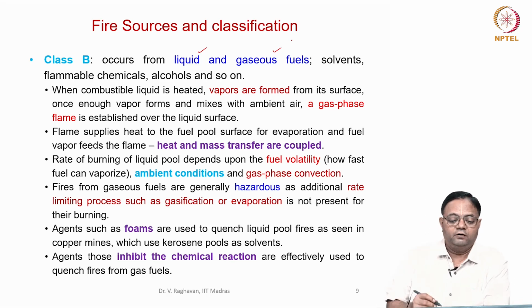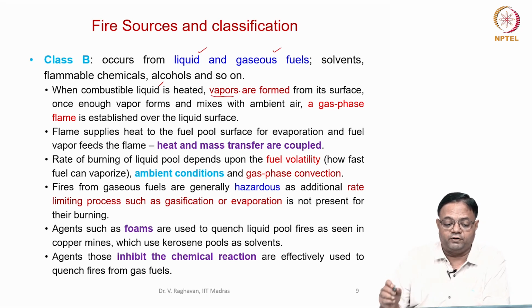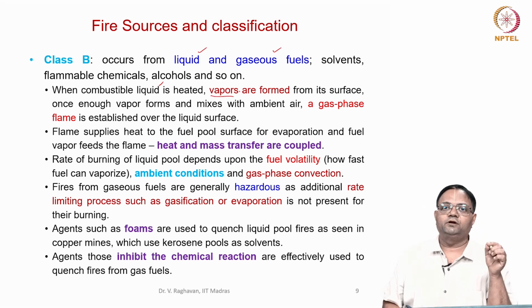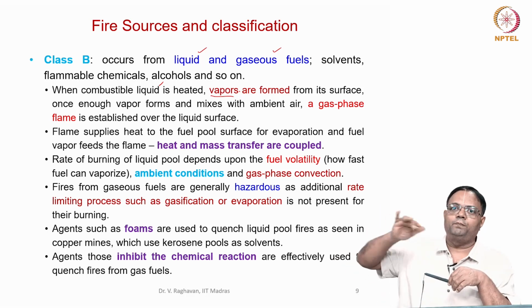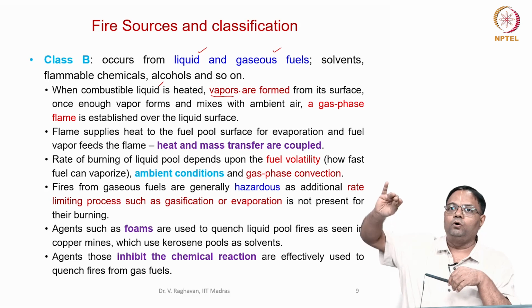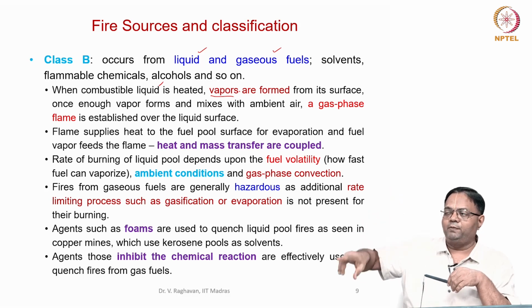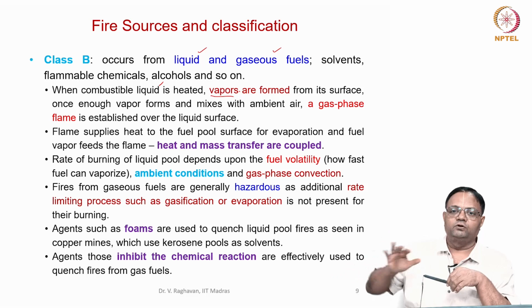Now, when liquid fuels are used, vapors are formed over the surface. Please understand that the evaporation process is a surface phenomenon. When the surface is heated to a particular temperature, vapors come out and there will be vapor pressure imparted to the surface.